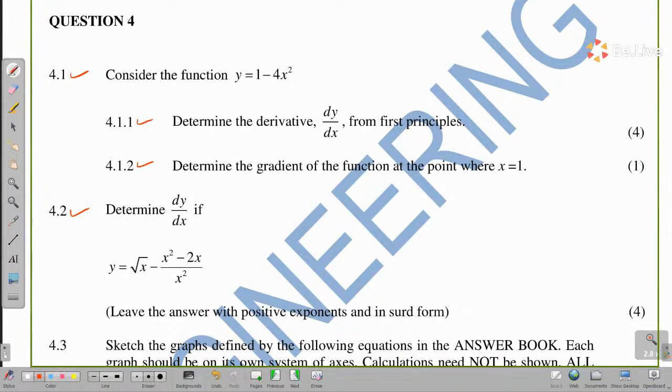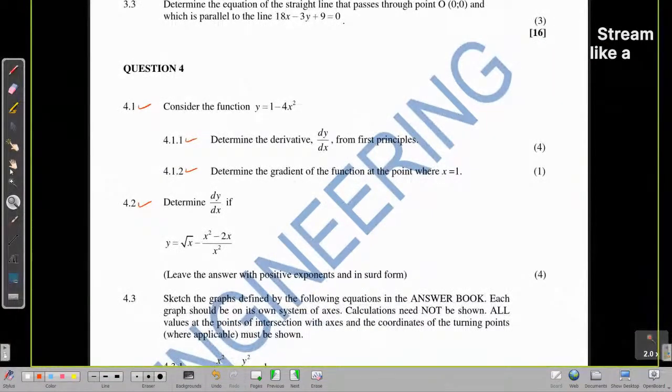So the first part says consider the function y is equal to 1 minus 4x squared. It says determine the derivative dy over dx from first principles. So the key here is to differentiate from first principles. So if I can just zoom out again, just to get some space.